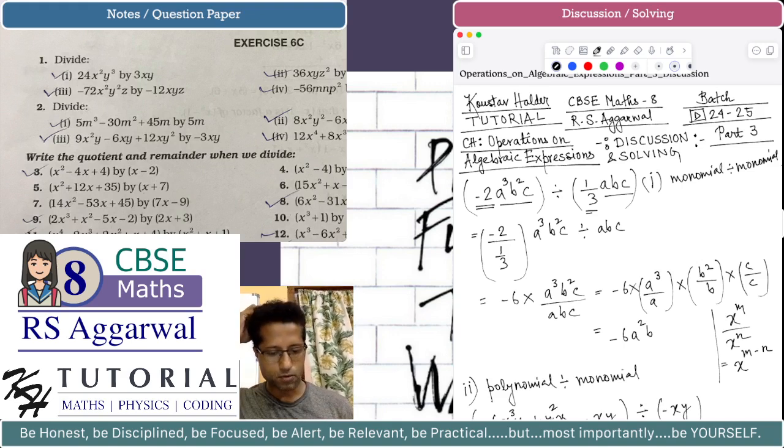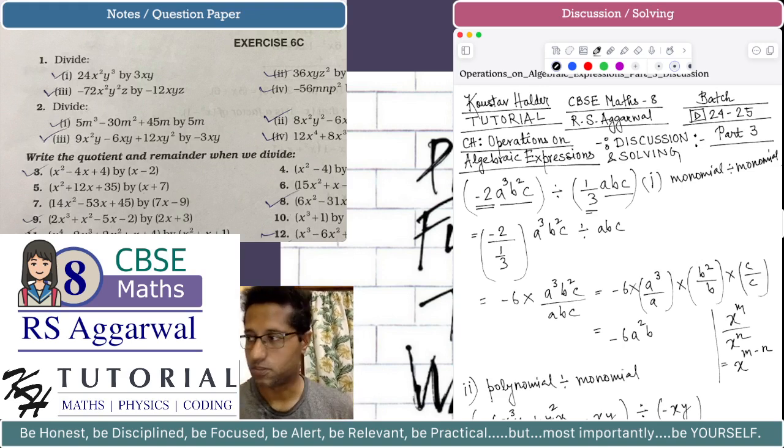There are some special products or algebraic identities we need to understand, which will be applied thoroughly in solving various kinds of problems. Once we do that, we will solve some problems of exercise 6D, and then we will solve the objective questions of exercise 6E, which will bring to an end the chapter on algebraic operations on algebraic expressions.